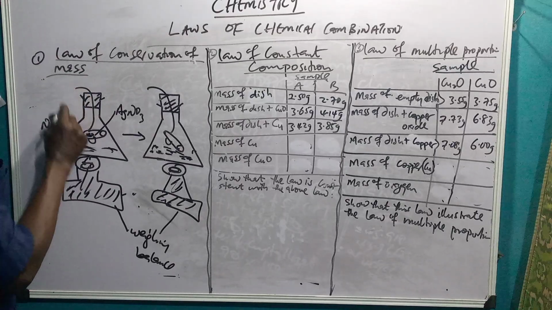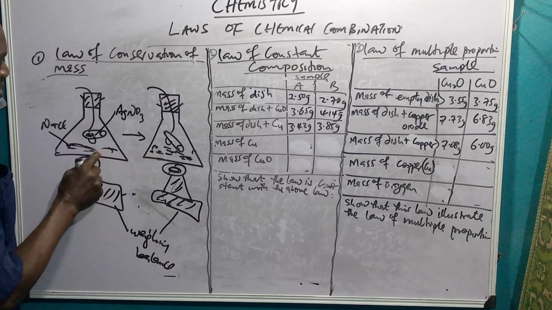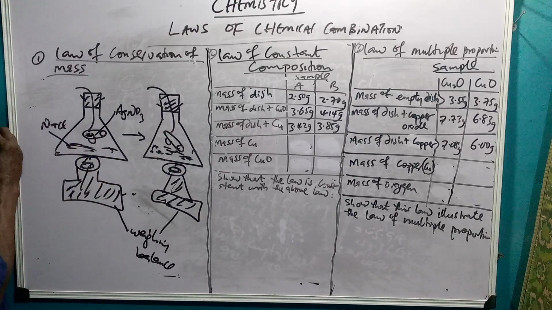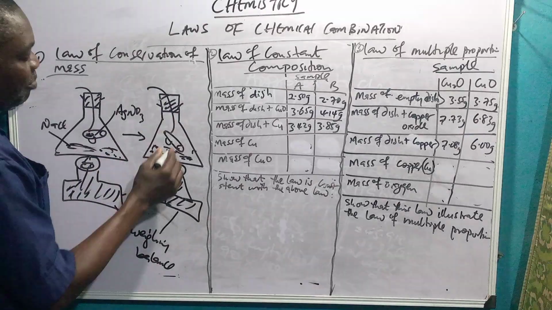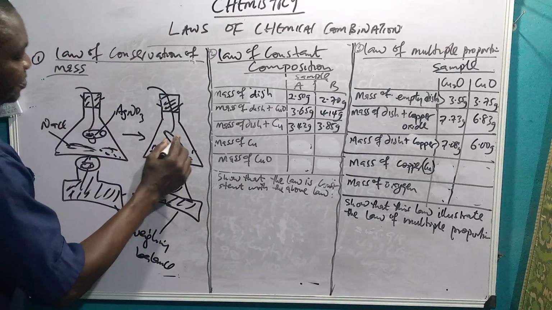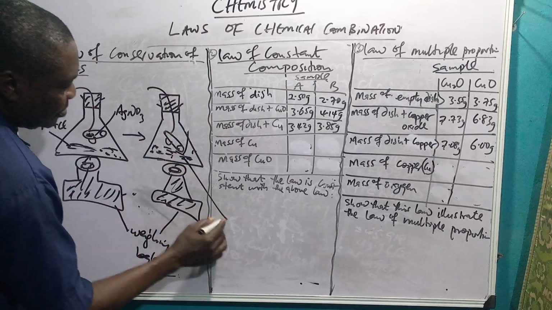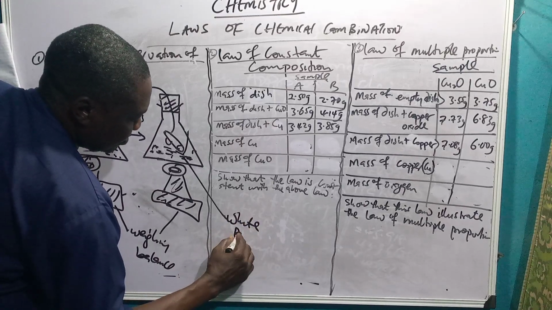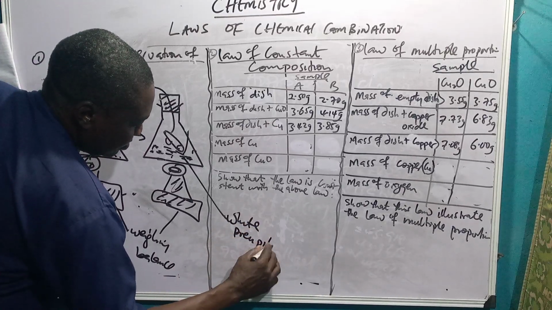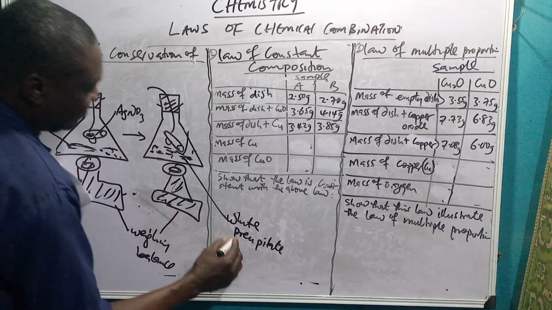As soon as you pull it, the content of this one, the silver trioxonitrate(V), pours into the sodium chloride, and immediately you have a white precipitate. You see it, a white precipitate of silver chloride.